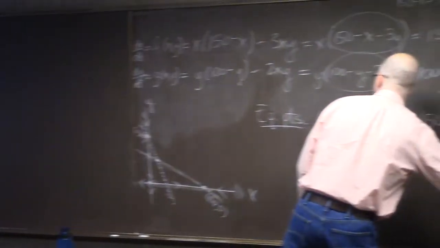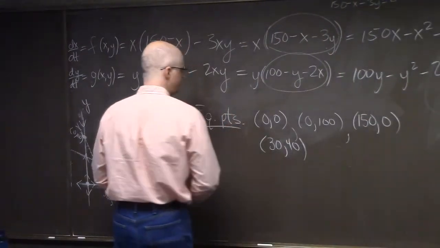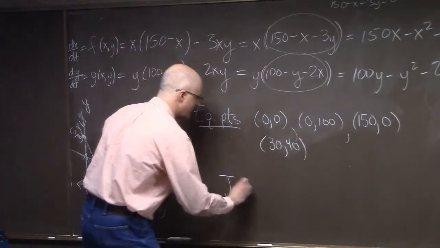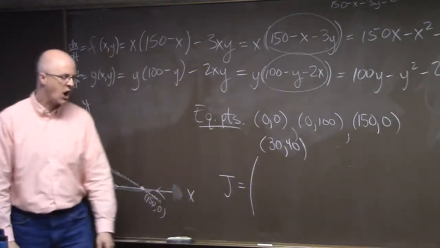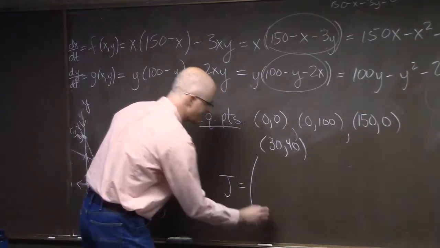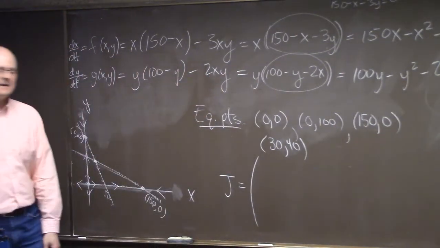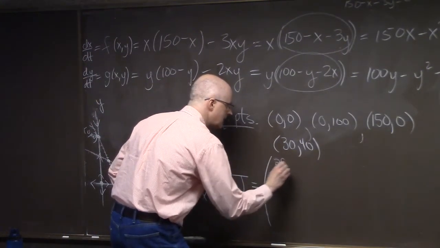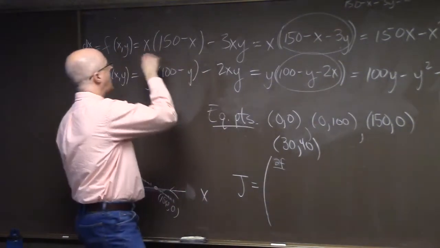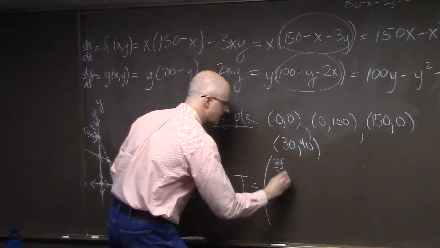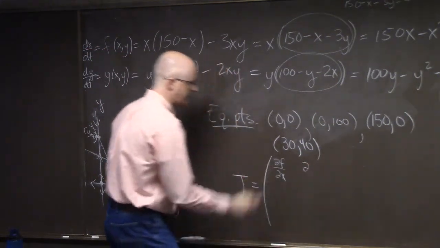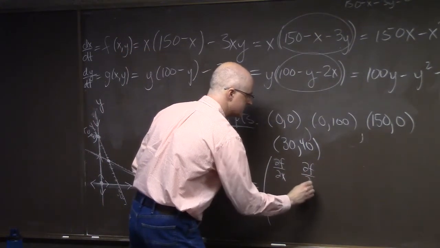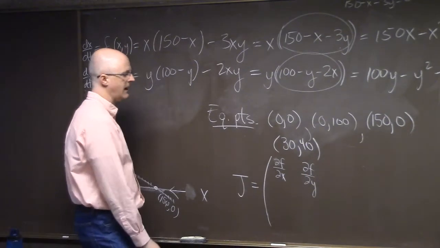So you calculate this Jacobian matrix, call it J for Jacobian, in honor of Jacobi. It's a matrix of partial derivatives. The derivative of the top right-hand side function with respect to the first variable is the upper left entry. The derivative of that top right-hand side function with respect to the second variable is the upper right entry.